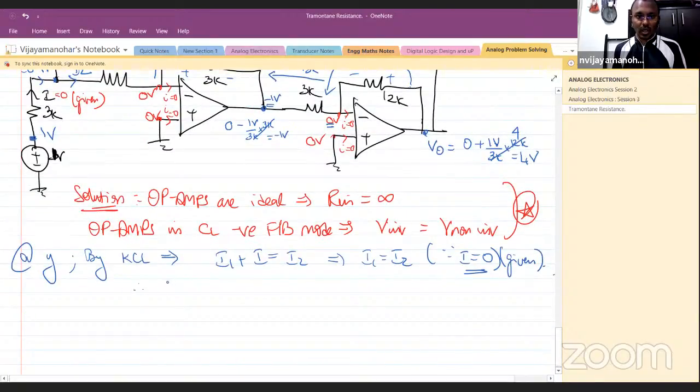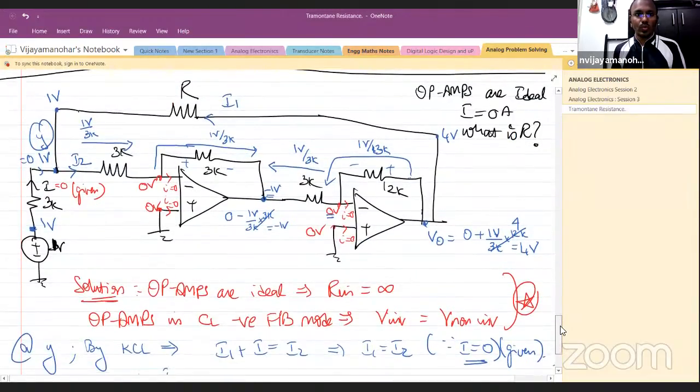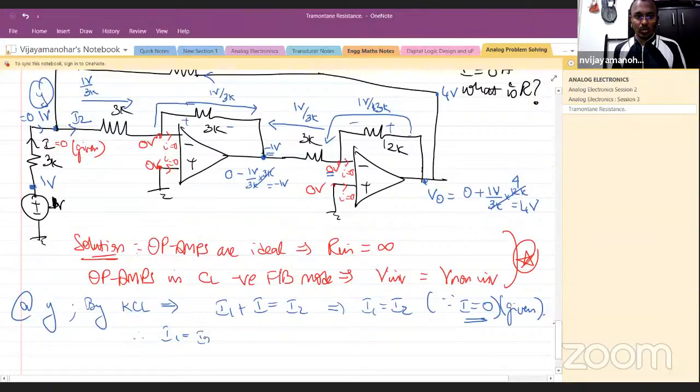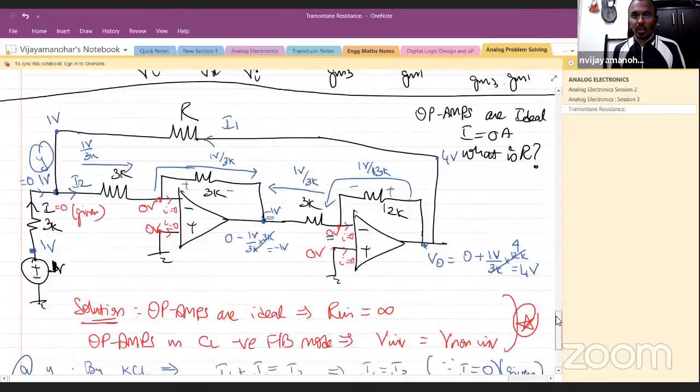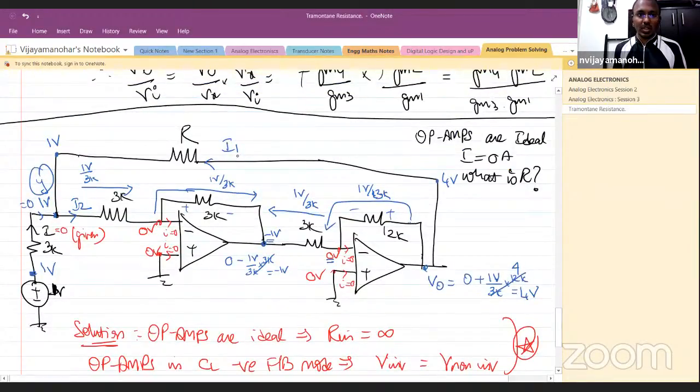Therefore, I1 is equal to I2. And what is I2? I2 is 1 volt divided by 3K. This is the current. Now what is I1? Look at I1. This voltage is 4 volt. This voltage is 1 volt.